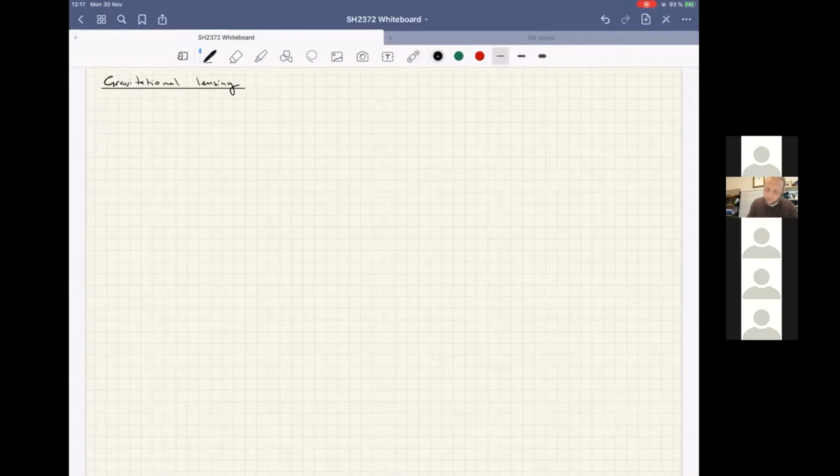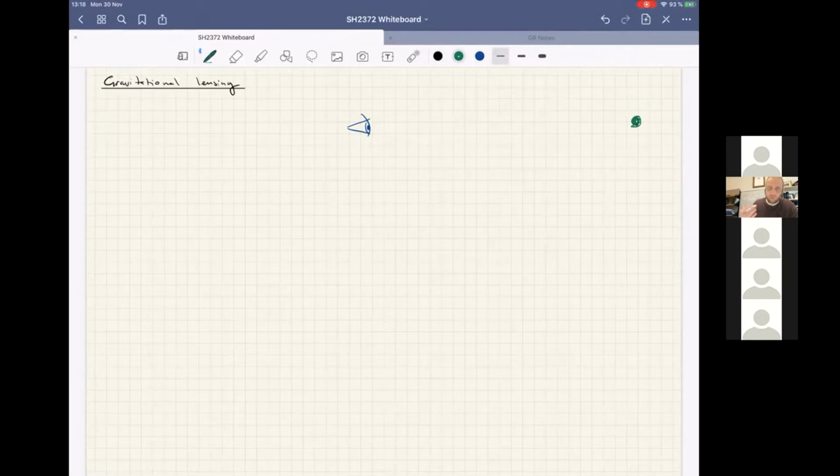So we have an observer, and I'm going to draw the observer. Let's use blue. So we have an observer here that is looking at an object, which is at some point over here, some point object.